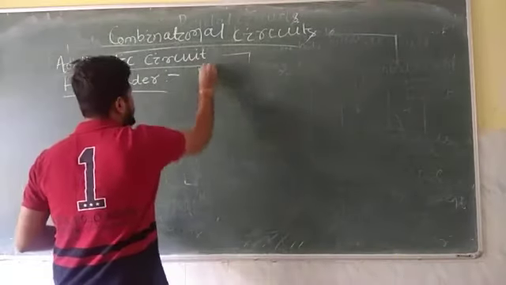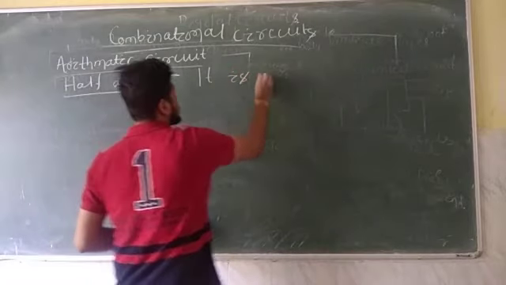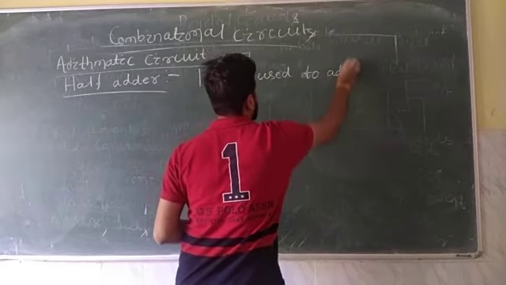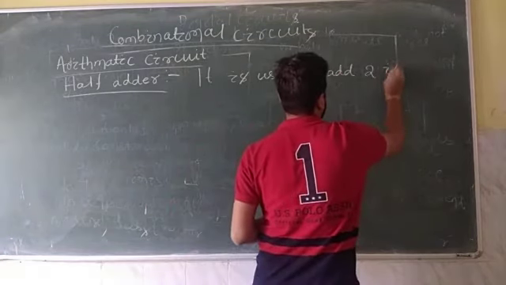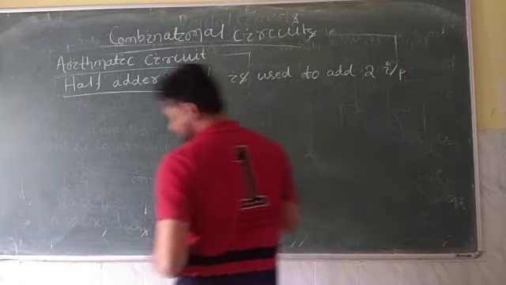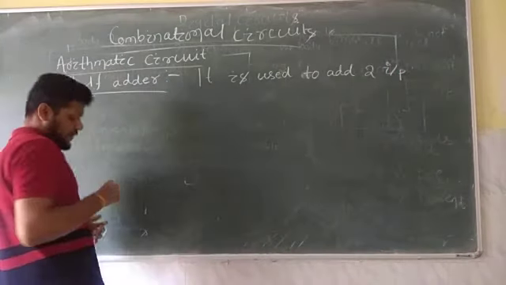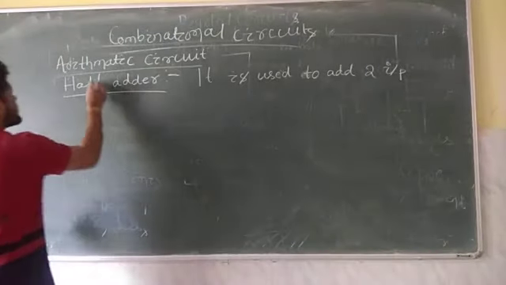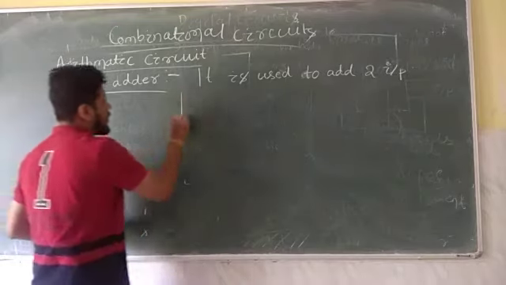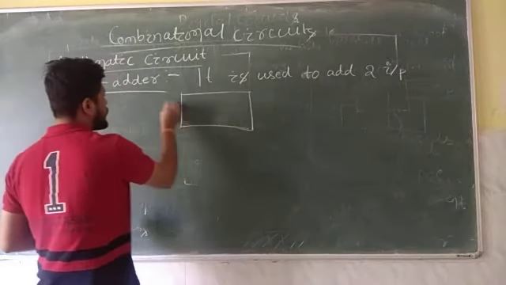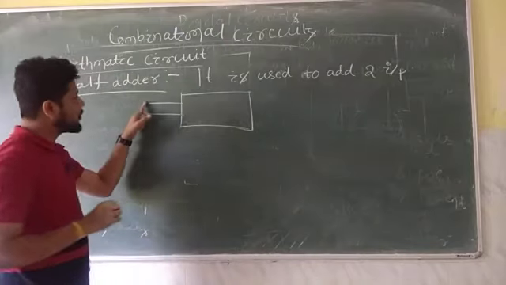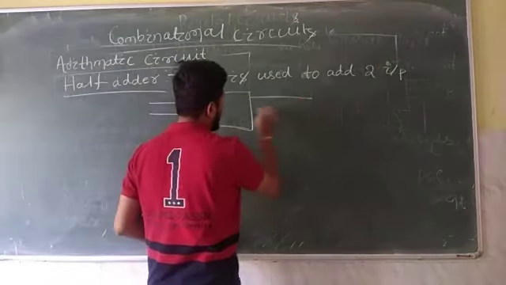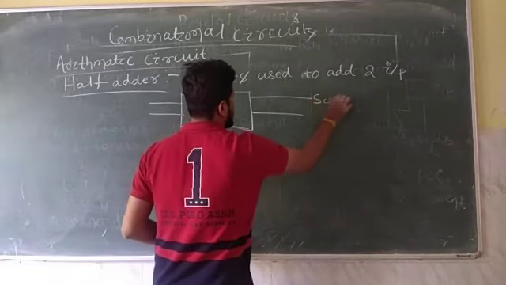The half adder is used to add two inputs. How will the box look? Here are input 1 and input 2, and as I have discussed, the circuit produces a sum as well as a carry.